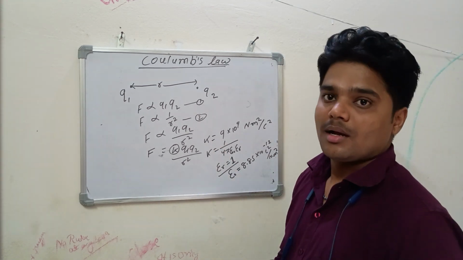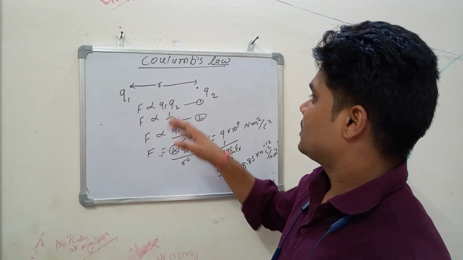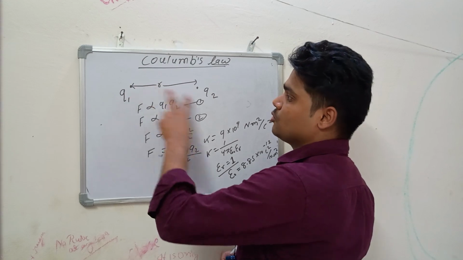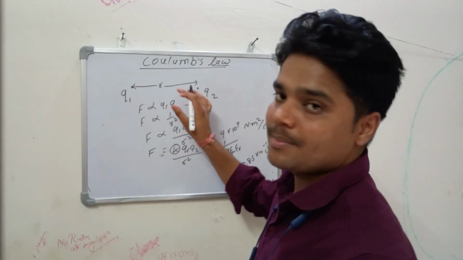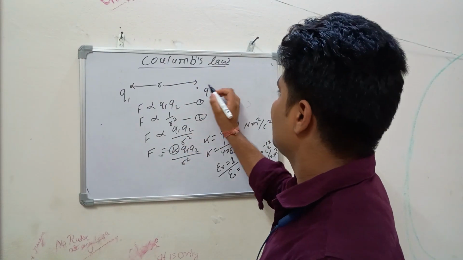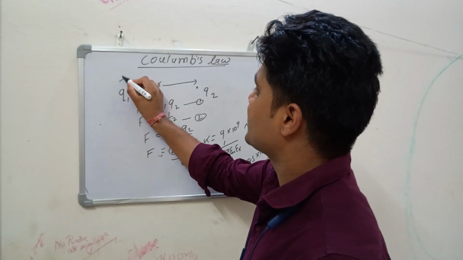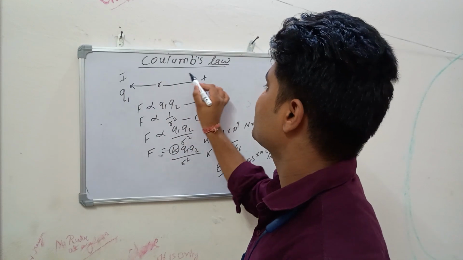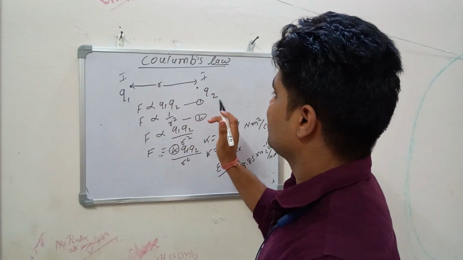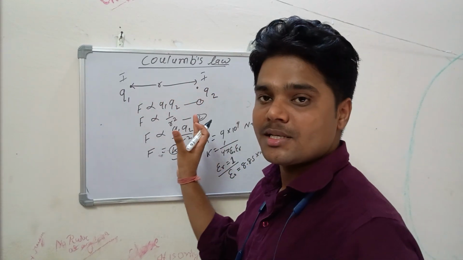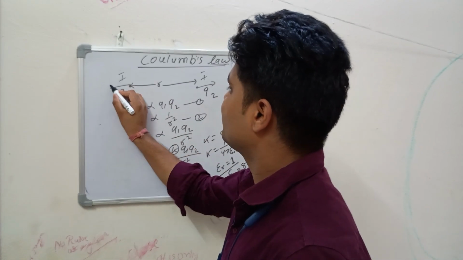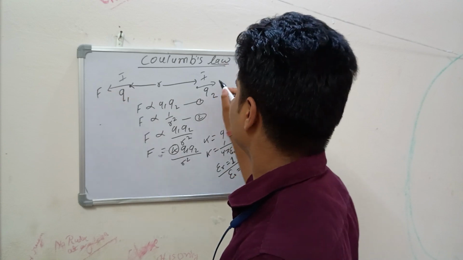Now we have seen how Coulomb's law acts on two charges if they are separated by distance r. Suppose the signs of the charges are plus plus or minus minus. If the signs of charges are the same, then they will repel each other, like the force will act in this direction.